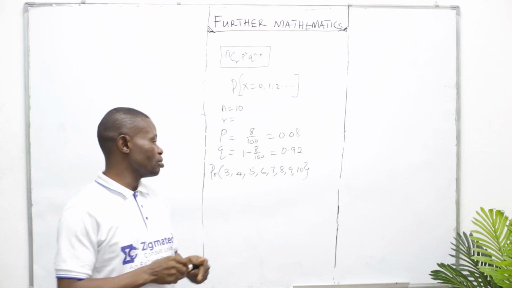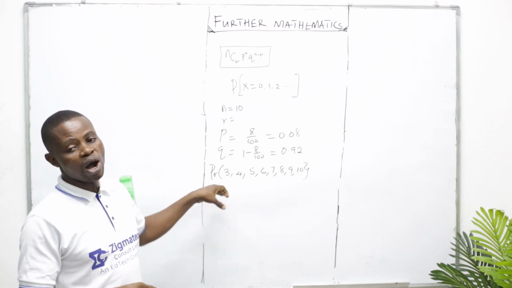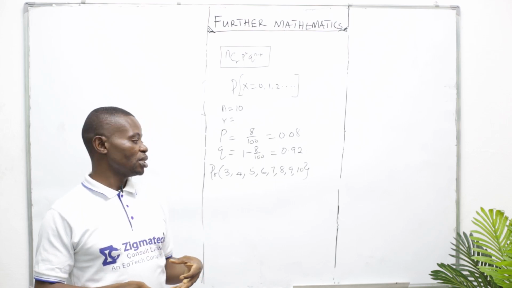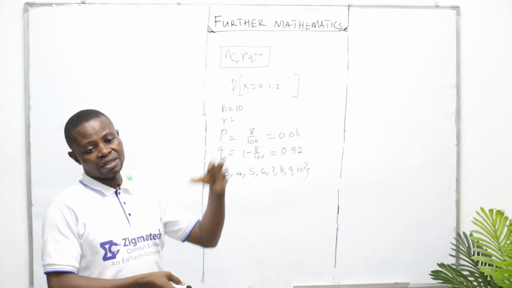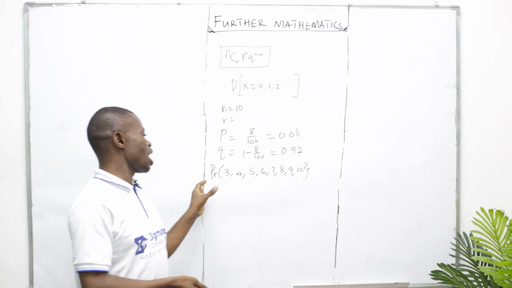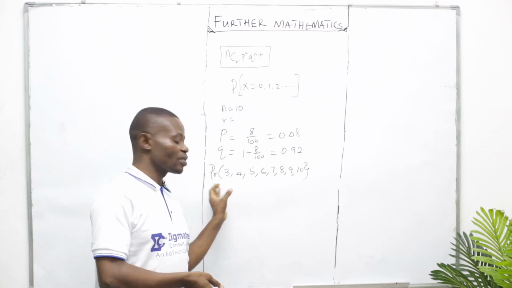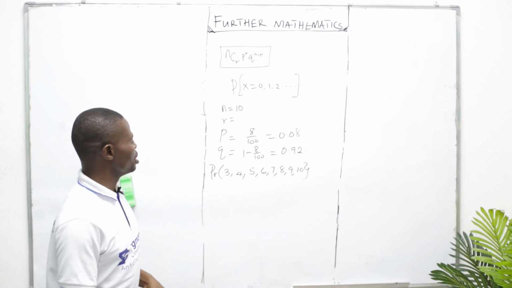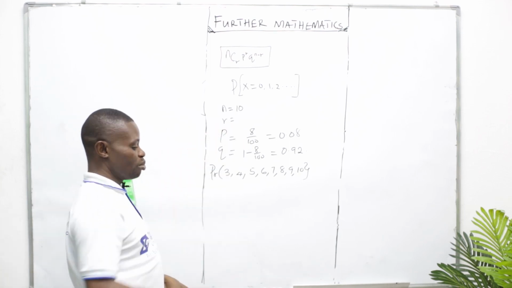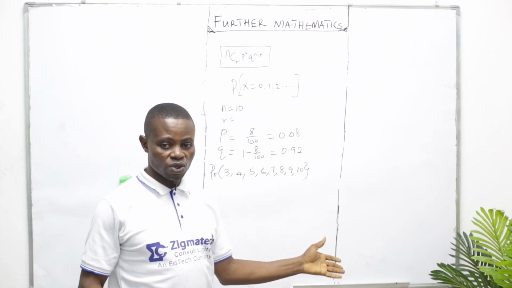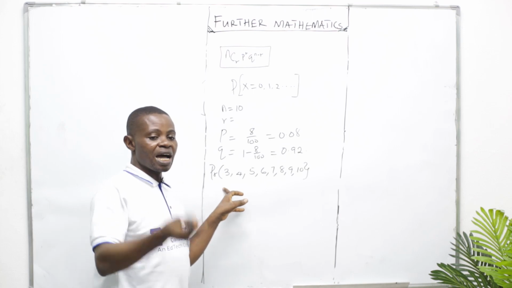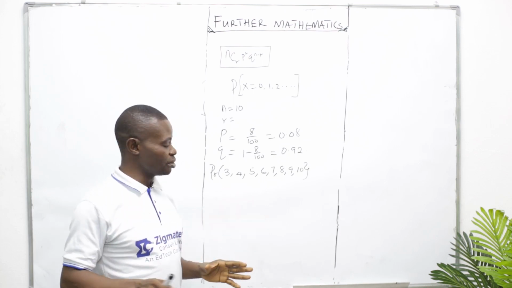What do we do? We will solve for at most. Now we have at least 3; we are going to solve for at most 2, meaning 1 minus at most 2 will give us at least 3, the same solution.